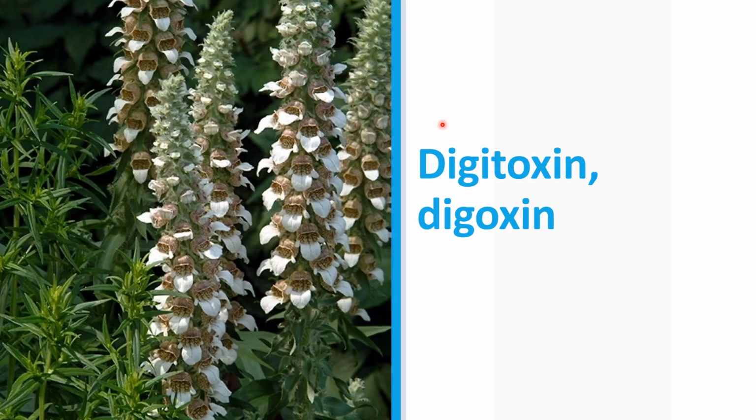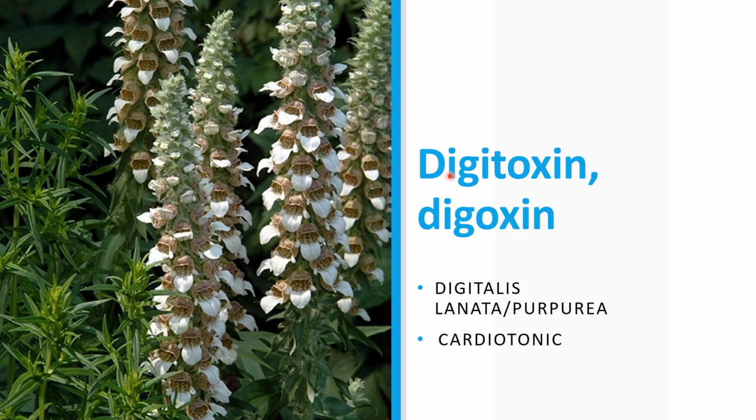Our first example is the digitoxin and digoxin. These glycosides are derived from the leaves of Digitalis lanata and the Digitalis purpurea, and they are considered to be cardiotonic.